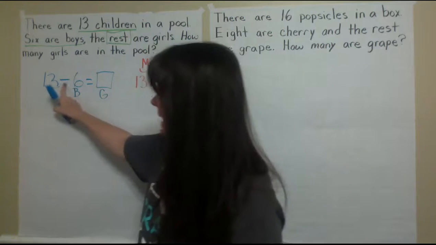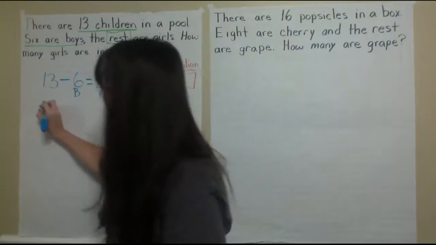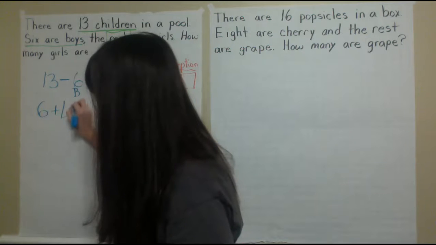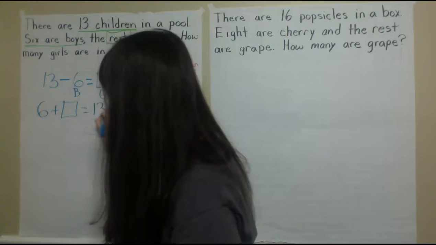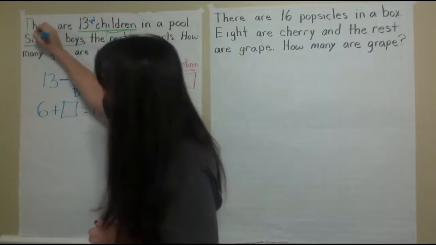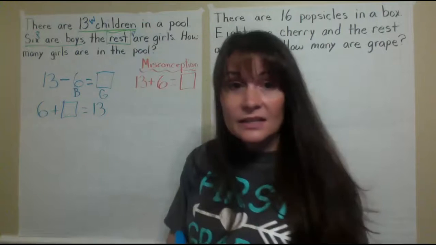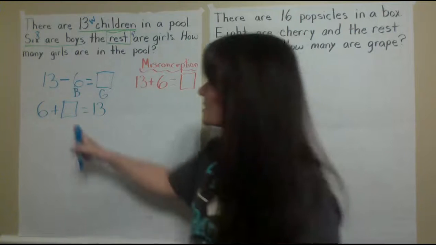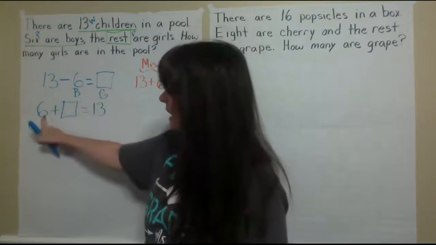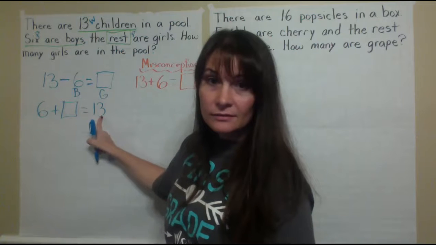If my whole minuses a part to get the other part, then my part can be added to my other part to get my whole. We know that 13 is our whole, 6 is a part, and this rest is the other part. So I can think 13 minus 6 equals how many girls? Or I can think 6 plus this equals 13.